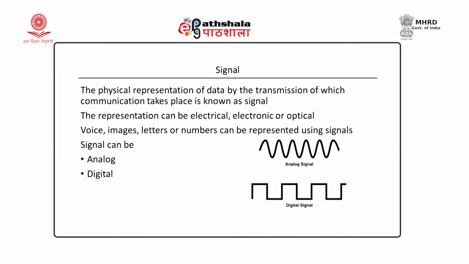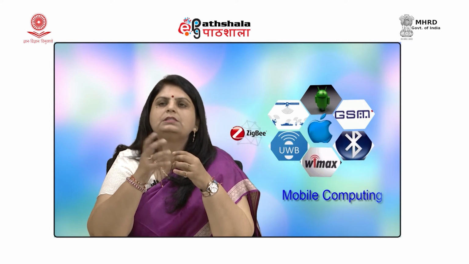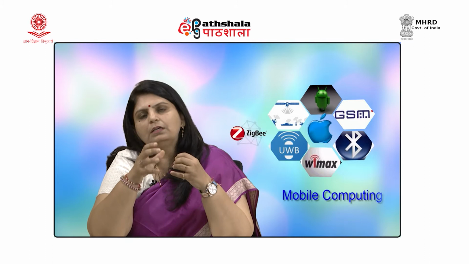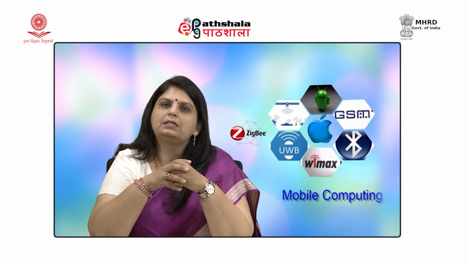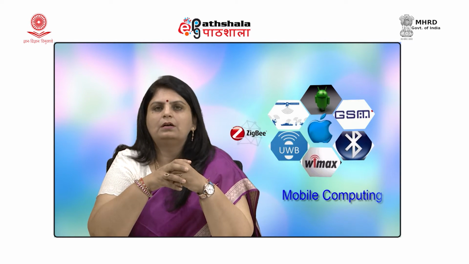Anything can be represented using the signal. My voice can be represented, images, letters, numbers, anything can be represented or carried by the signals. We have also learnt in the previous module that the signal can be analog or digital, and analog means continuous, digital means representing the discrete values.